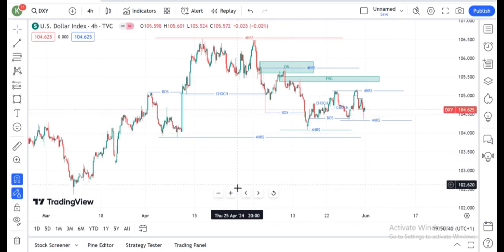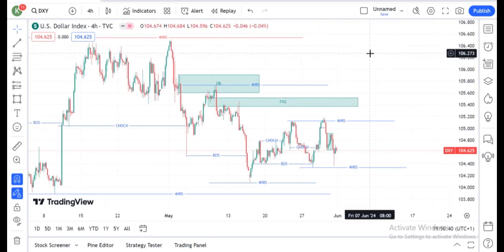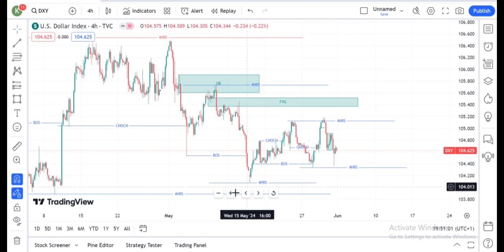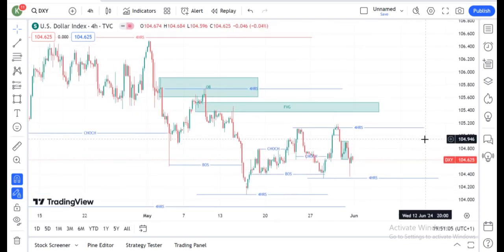So what we just did for GU can also be replicated on DXY, because this is the determining factor for whatever happens to that particular pair. So if you watch closely, you find that DXY is ranging.